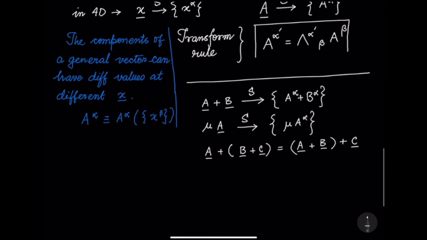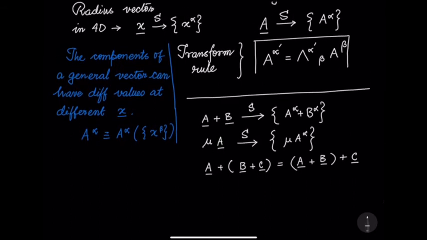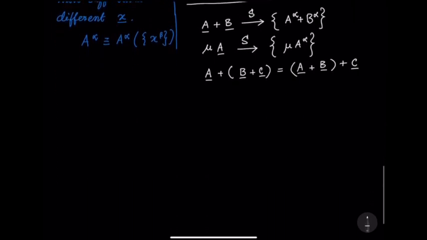Alright, so till now we have been defining the vector in terms of its components in a given reference frame. But we are also familiar with writing the vector like ax x cap plus ay y cap plus az z cap, where x cap, y cap, z cap are the basis vectors, or the unit vectors, in a given reference frame, right?